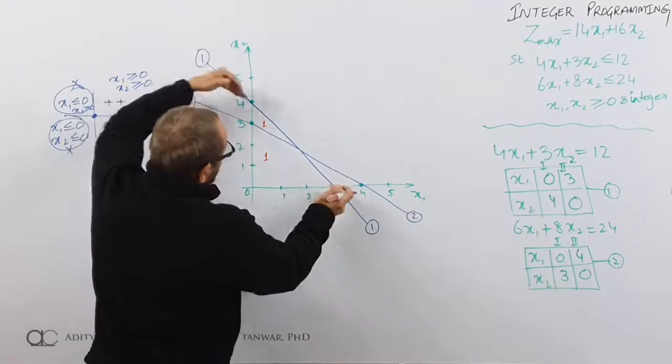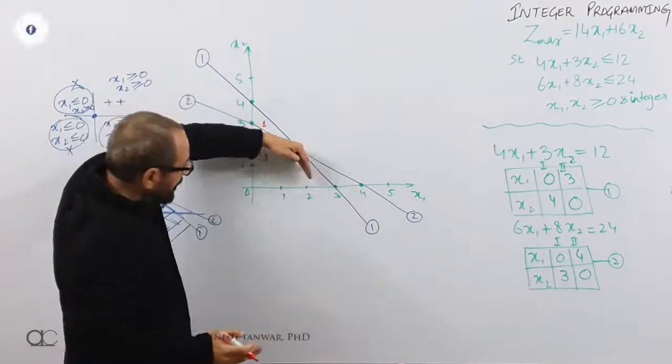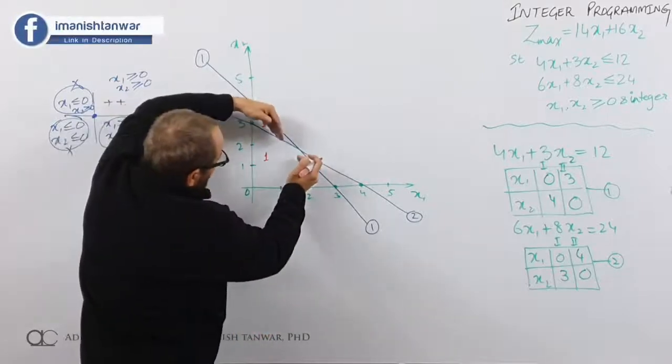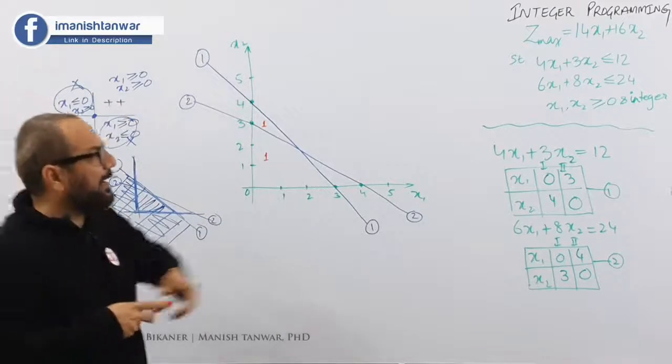If I talk of this area, here I have my constraint 1, this is away from the origin, and I need to come towards the origin. So when I take this first constraint, there are only two areas which are towards the origin and of course greater than 0.